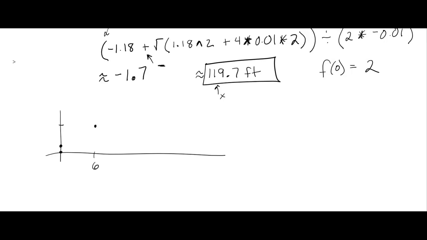So that's going to be like 119, 120 feet. And then we also knew the maximum was going to be at 59, and that was like 36 feet or something like that.